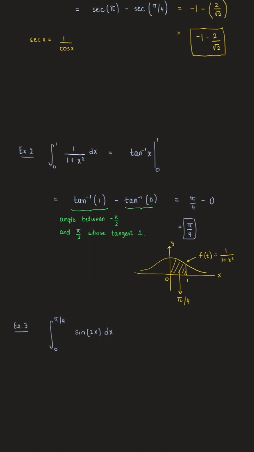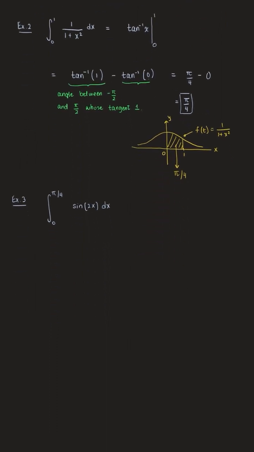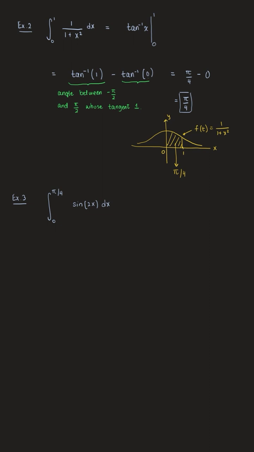Okay, and our last example for this video is to find the integral from 0 to pi/4 of sine of 2x. So we'll start with an antiderivative of sine of 2x. Well, we know that has to be negative cosine because the derivative of cosine is negative sine, so this is going to have to carry the negative. And because the input was 2x, we're going to have to divide by 2, undoing the chain rule.